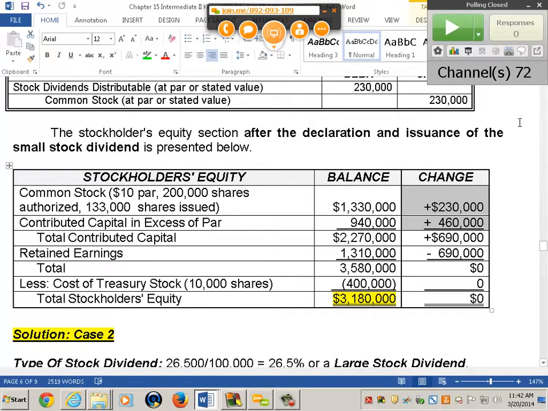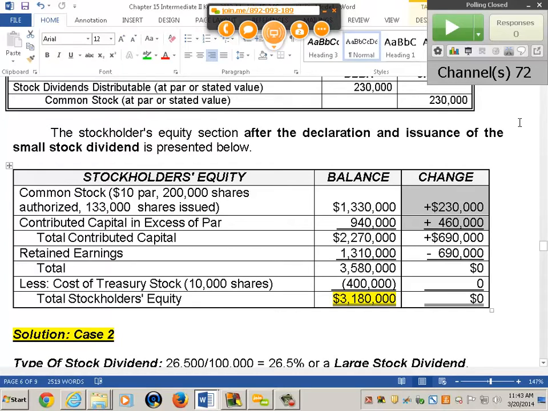On top of that, if you look at the number of shares now, notice that we originally had 110. We now have a stock dividend of 23. So that means that, because we assume they were newly issued shares, you now have the number of shares of 133.